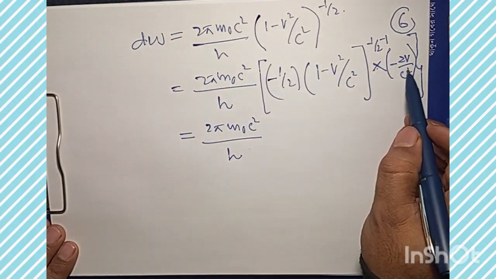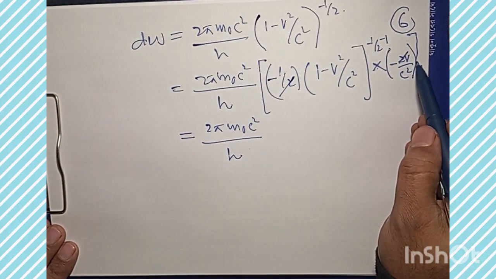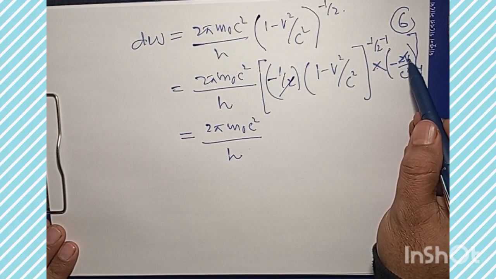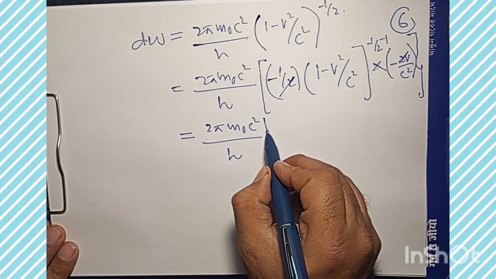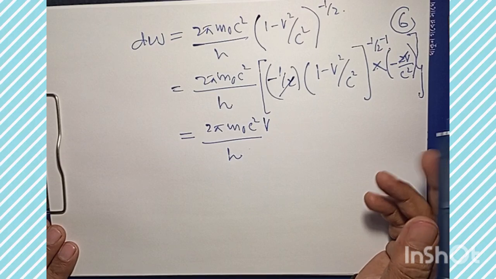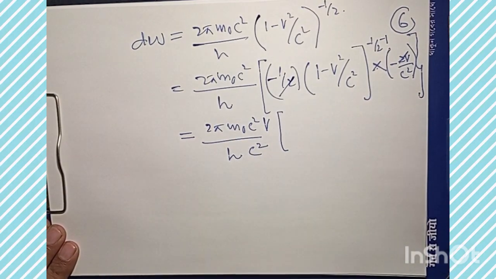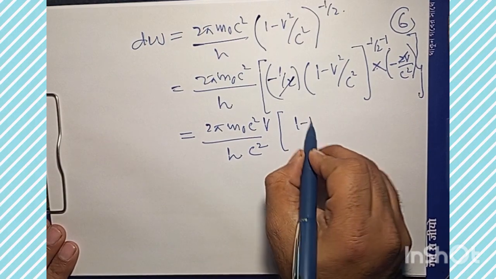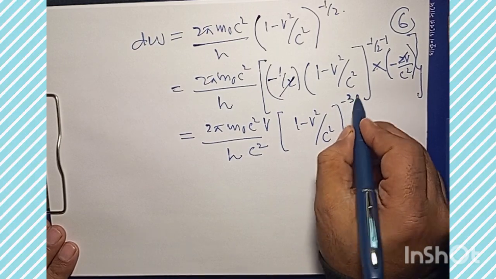Then minus and minus will become plus. This 2 and 2 are going to cancel, and what we have here is v. This v will come out, it's outside, and by c square is out, and inside we have 1 minus v square by c square whole raised to the power minus 3 by 2.